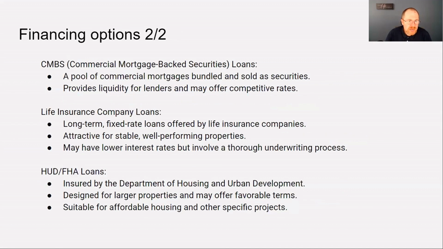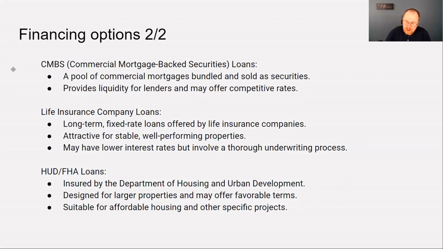I have another slide on the financing options. I think it's interesting to know that these options exist. It's the CMBS, commercial mortgage-backed securities. It's a little bit of a specialized product. It's unusual, but sometimes the lending brokers will mention that option.